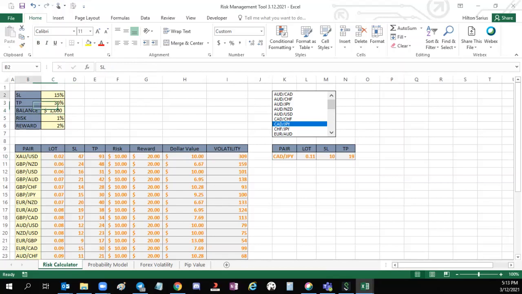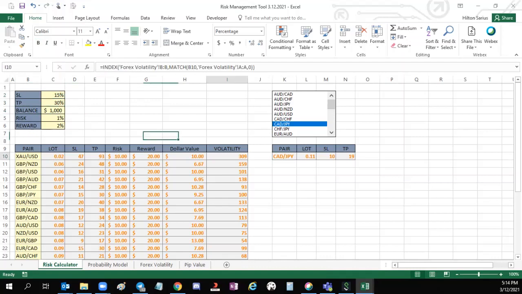The stop loss and take profit, I set this as 15% and 30%. You could change this if you like, but my logic behind this is for every pair, I'm considering the volatility. So the volatility will tell you typically how much this pair will move within a given day.